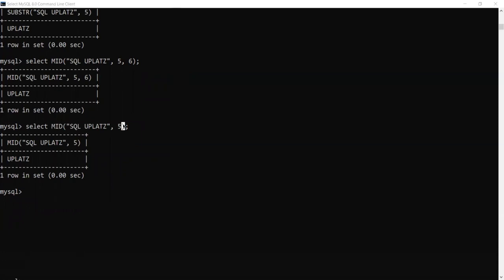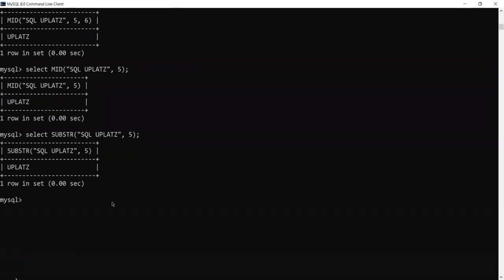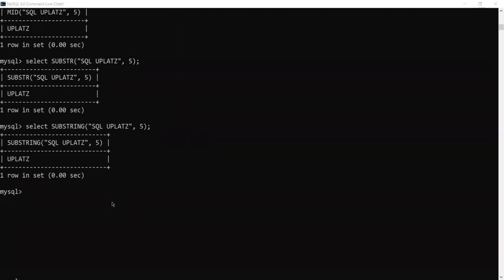Let me run this with the other three functions. Here also I got my expected output. Let me pass substring here. I got my output. As you can see, even if I don't pass the length to it, it is still fine. I am still getting my expected output.